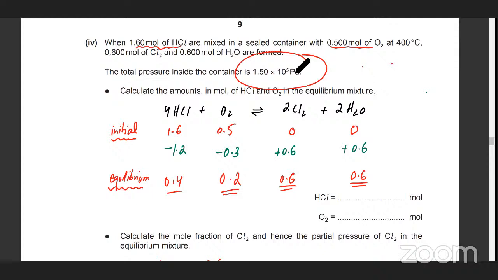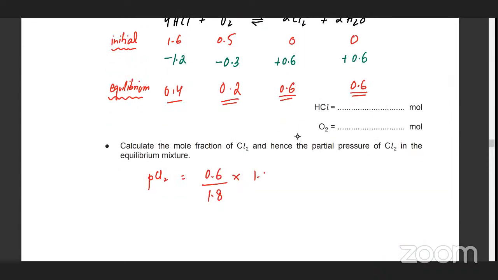The total pressure is given as 1.5 times 10 to the power 5. Can anyone try and calculate this?